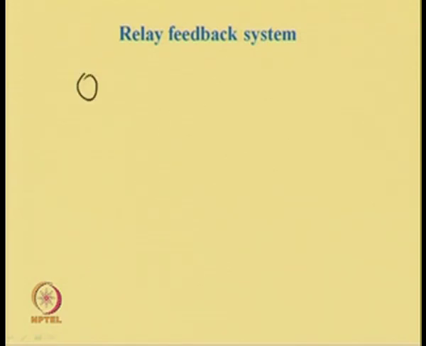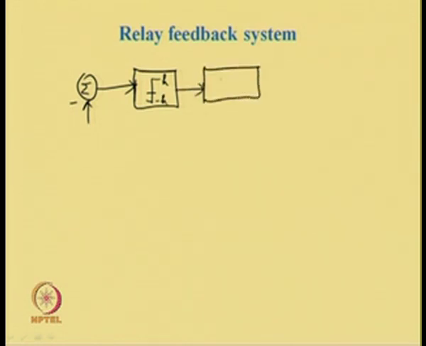We can draw a block diagram for that, where we have a summer which is connected to a symmetrical relay of amplitudes h and minus h, which in turn is connected to a system, and the system results in output y(t).